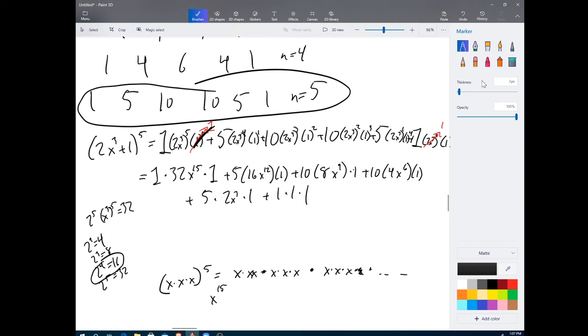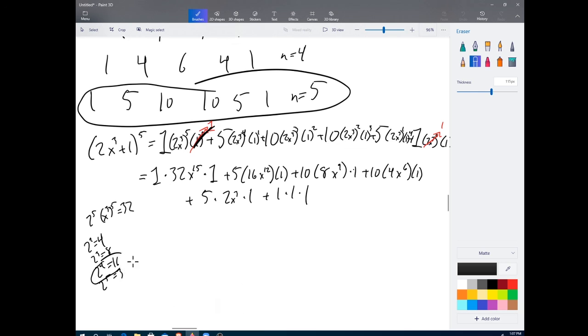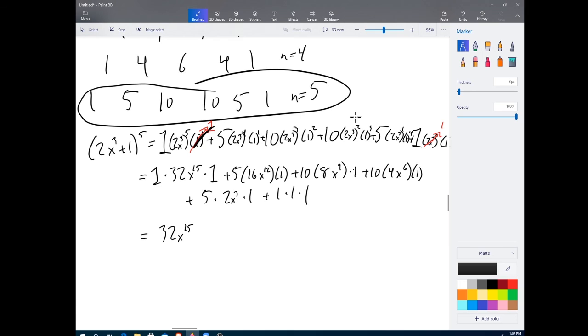Alright, so getting to be kind of big and ugly, certainly. But definitely still simplifiable. I don't know if that's really a word, but we're going to use it. And I'm going to finish the problem, especially with all these ones. Let's see, 16 times 5 over here.